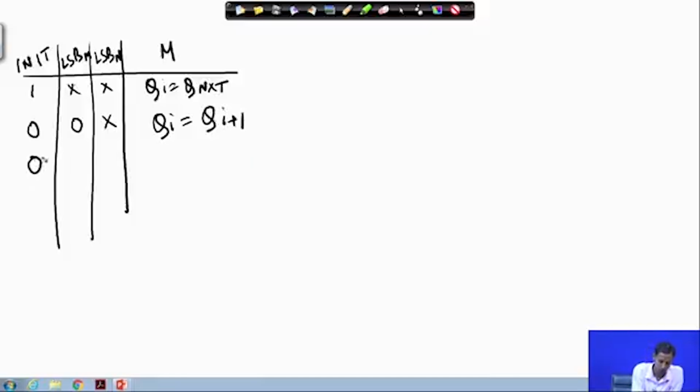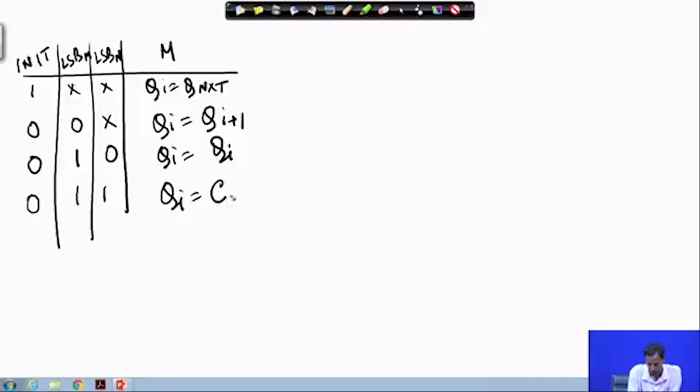For 0 1 0, q I equals to q I, and for 0 1 1, q I equals to C1 I. Okay. Now you see init has the highest priority, after that this 0 has the next priority, and after that it checks the corresponding LSB bit position.